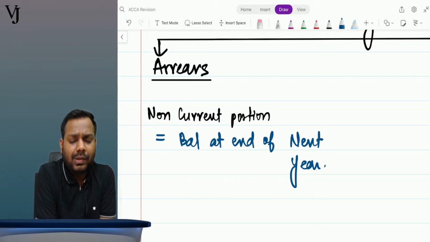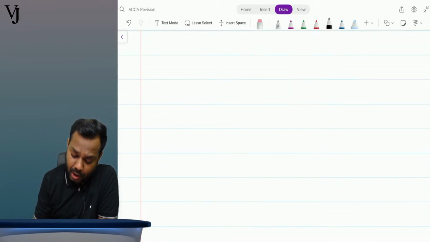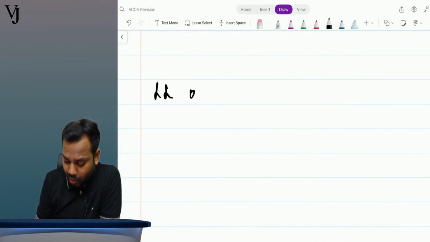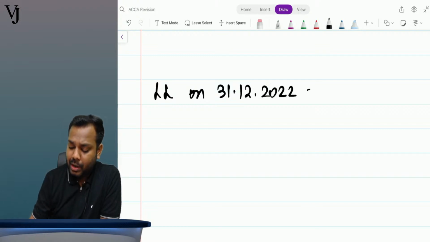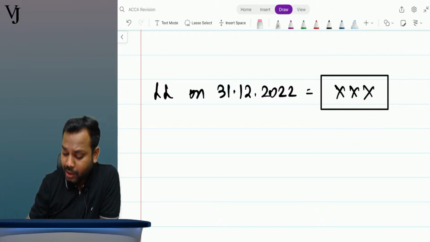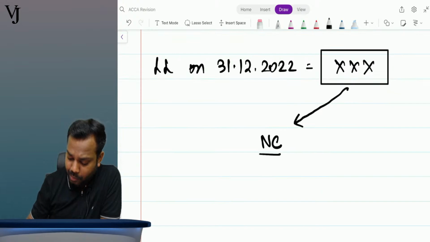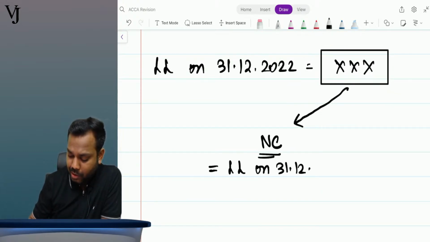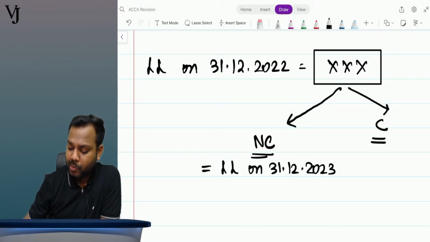Let's suppose the question has given you the lease liability data on 31st December 2022, any amount. Now what is the non-current portion of it? The non-current portion will be equal to the lease liability on 31st December 2023. Now what is your current portion? The current portion will be the balance part.